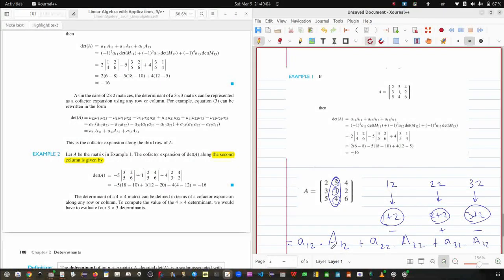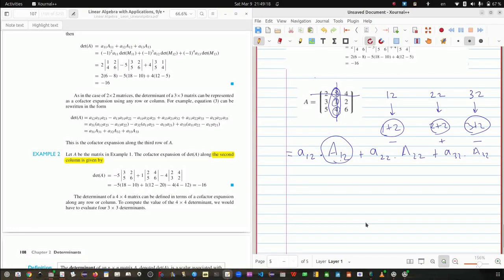So in this calculation, we are hiding A12 so that we can find the cofactor of A12. If you want to make a cofactor of A22, A22 is here. The cofactor will come from erasing the column and the row of 2,2.